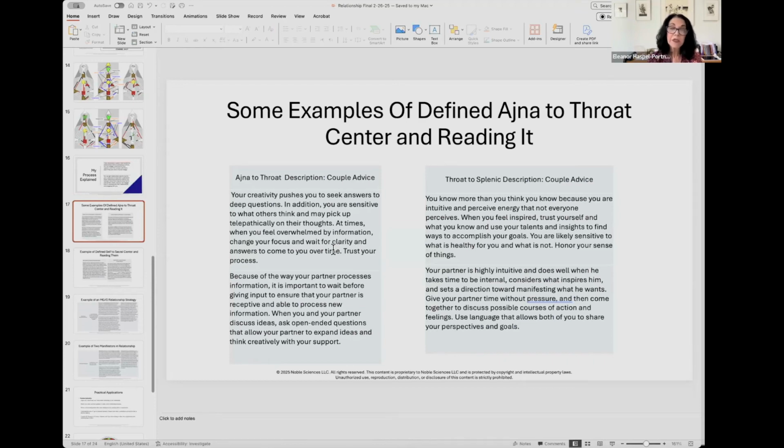At times, if you have this circumstance, you may be overloaded by information. Change your focus, wait for clarity, wait for the answers to come, and trust your process.